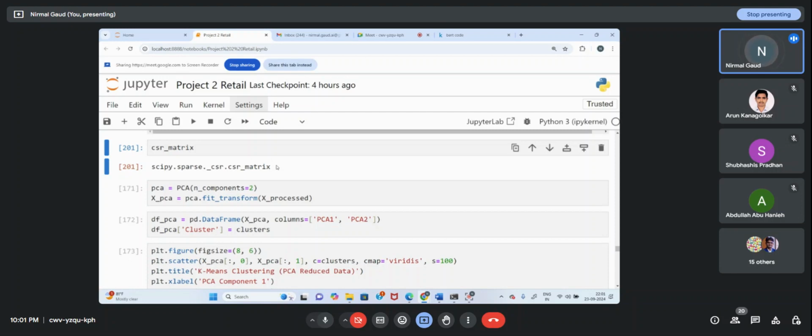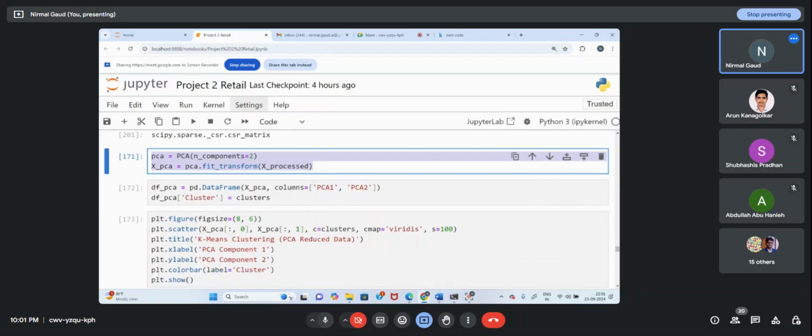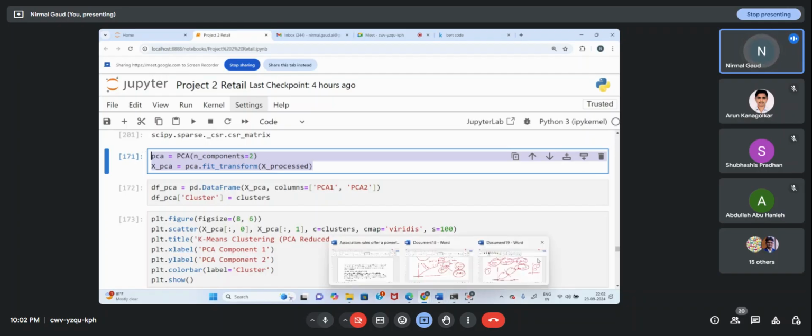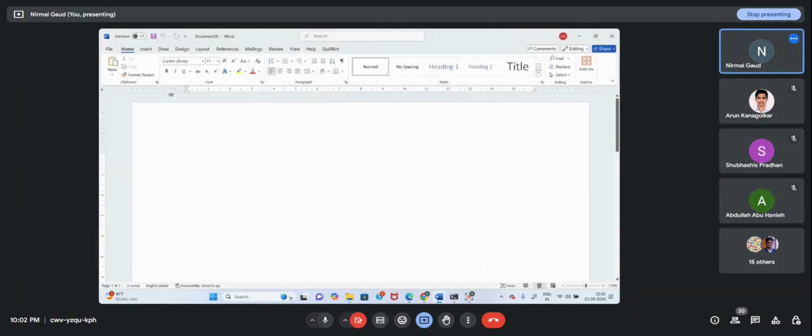At the end, what I did is I applied PCA, principal component analysis. That means I selected two components, two major pieces of information which can be extracted from the data. Principal component analysis is a technique which creates principal components, PCs.